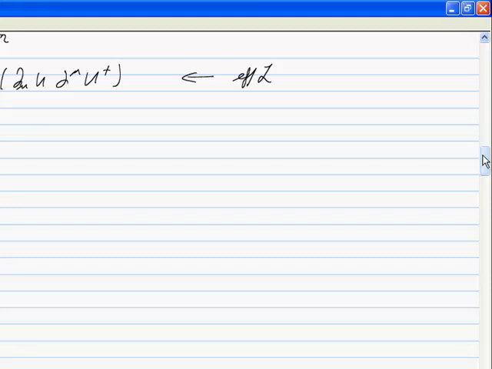And let me just show you some tricks, just because I know some of you will end up working on this thing. It's useful if you're writing this to write it in the following form: d mu U dagger d mu U dagger.